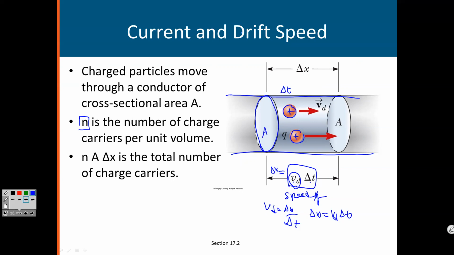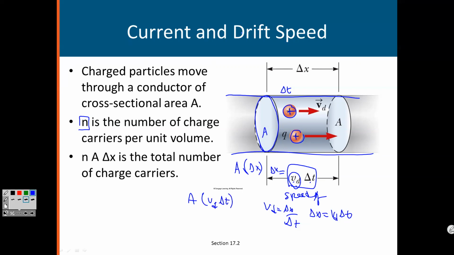Now if we take the volume in an interval of time delta t, how much it has moved, the volume will be area multiplied by delta x. For delta x, I can write Vd delta t.